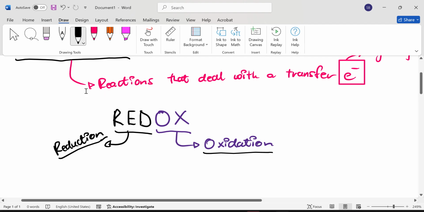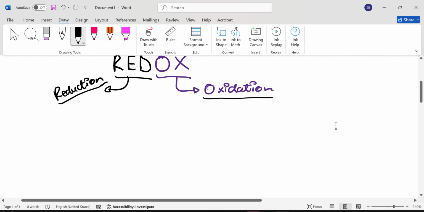Now, these are two different terms with their respective definitions. In a typical exam paper, you would be required to define these words in two different ways.